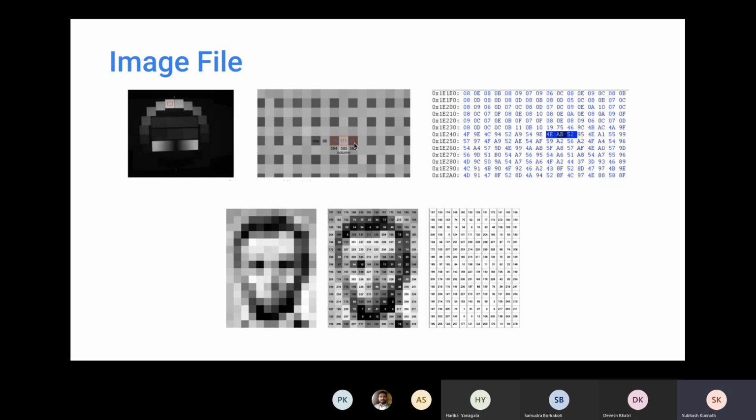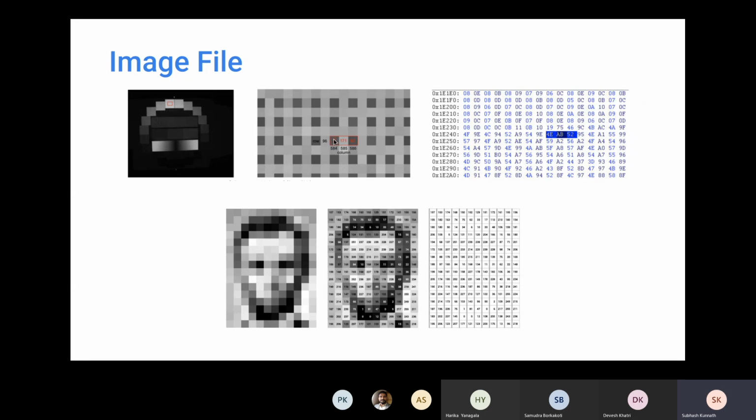Each is a number between 0 and 255, representing the grayness of that area. 171 is more towards white, and 78 is somewhat towards the black side. On the rightmost side is what you see in a hex editor.